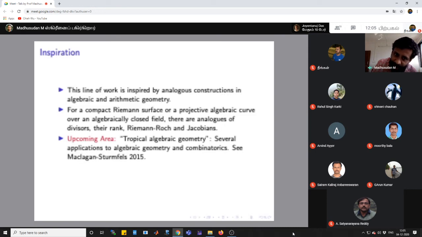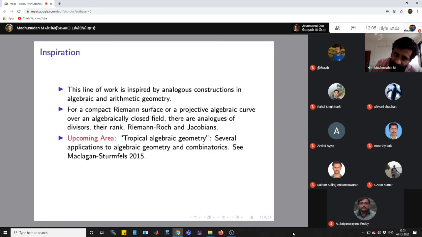There's a close analogy between these, and they all form a part of this upcoming area called tropical algebraic geometry, which has several applications to algebraic geometry and also some applications to combinatorics. It's still to be unearthed. I think there might be a lot more applications to combinatorics in the future. So I refer you to the book by Maclagan and Sturmfels for an introduction to this topic. It's a recent book from 2015.